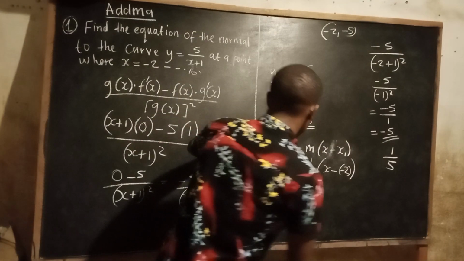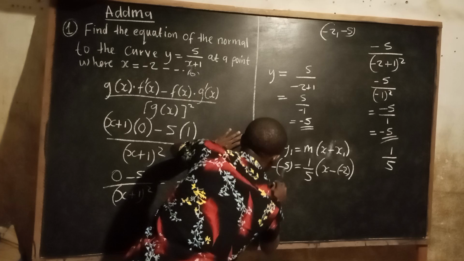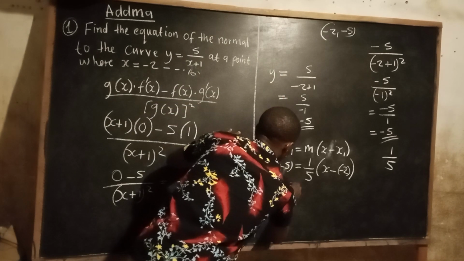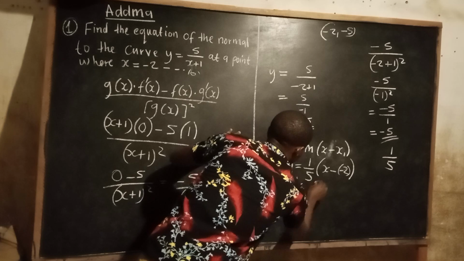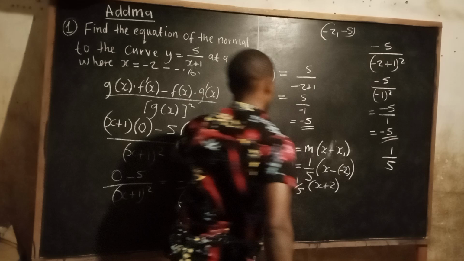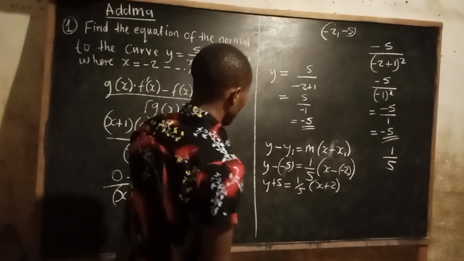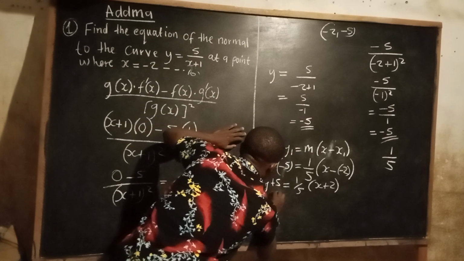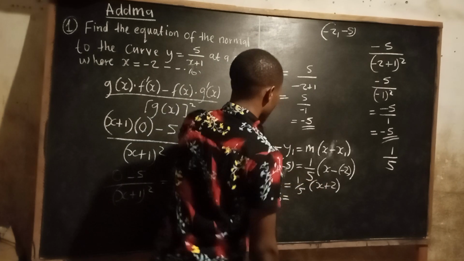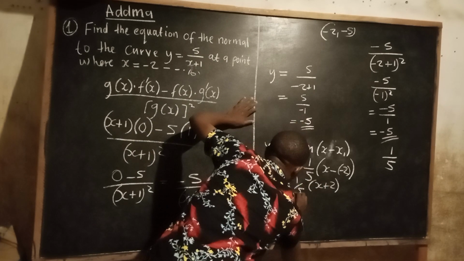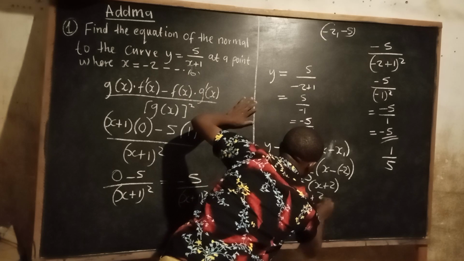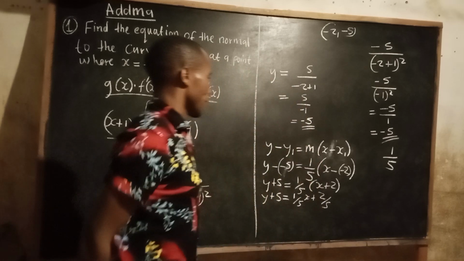Then from there, we can simplify this. So y, negative times negative there to be positive 5, because 1 over 5, negative times negative, x plus 2. So then from there, we are going to say y plus 5, because when we multiply this, automatically we are going to have 1 over 5x plus 2 over 5. That is the equation.